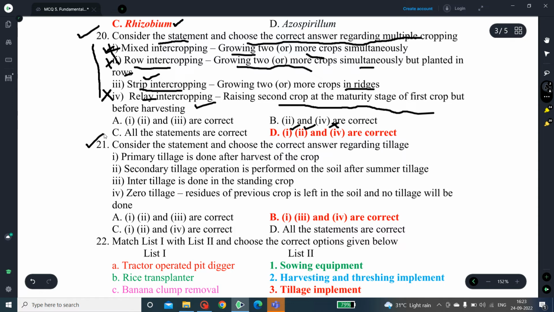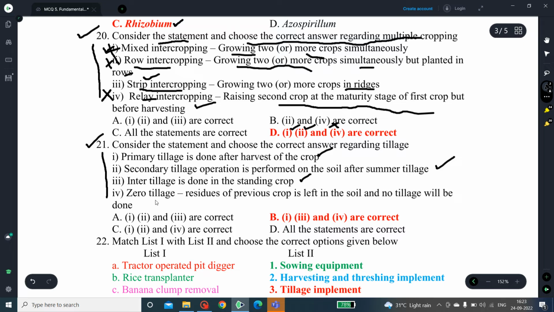21st question, there are about four statements. The primary tillage is done after harvest of the crop. The secondary tillage operation is performed on the soil after summer tillage. Intertillage is done in the standing crop.